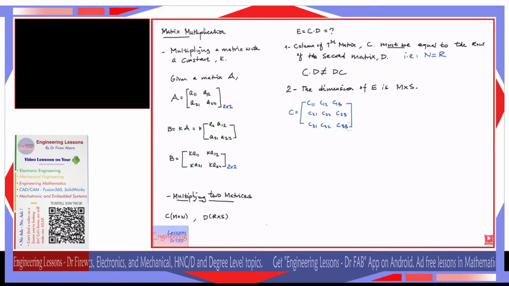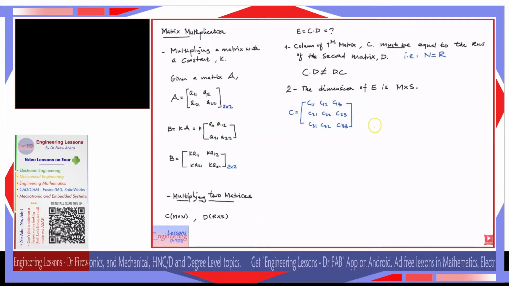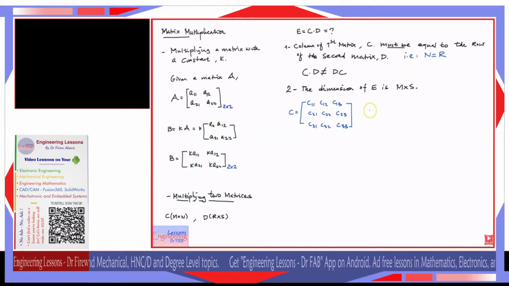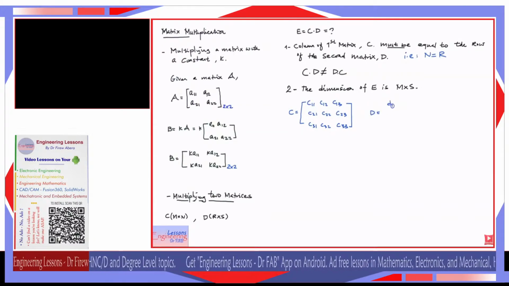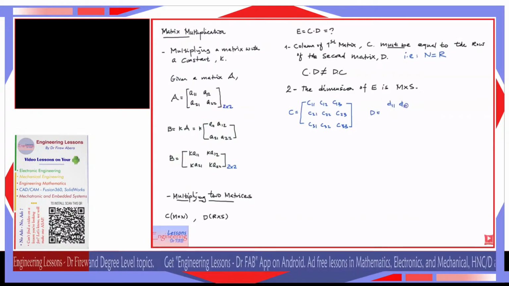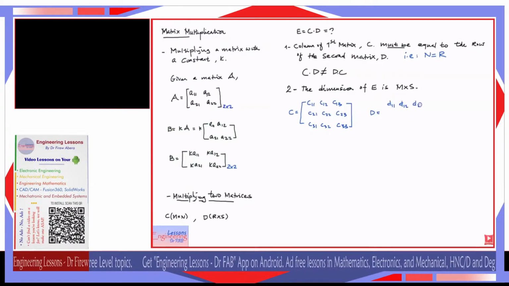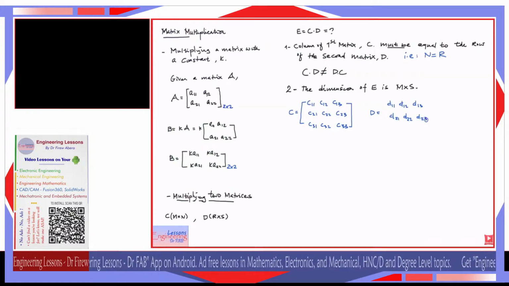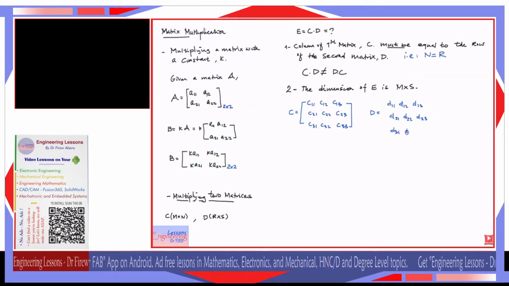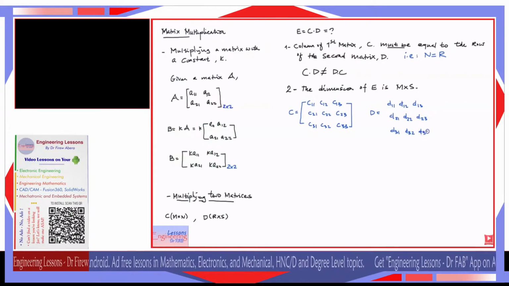So we have these two matrices C and D, and our D is D11, D12, D13, D21, D22, D23, D31, D32, D33.